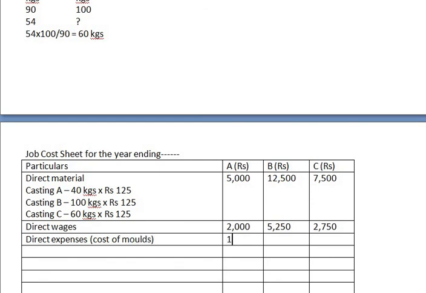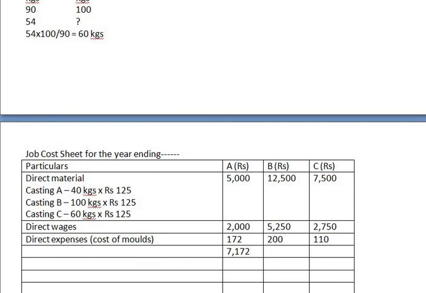Okay, so this is 172, 200 and 110. Okay, now make a total. For A it is 7,172.